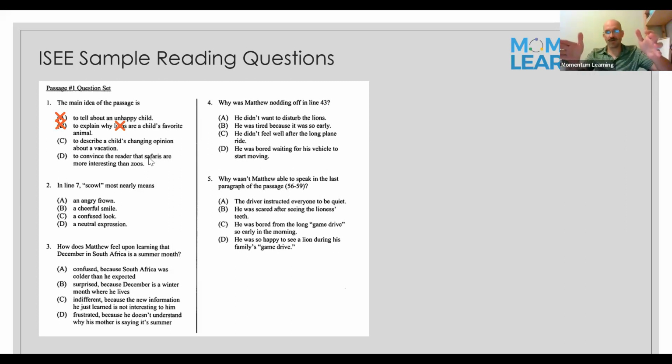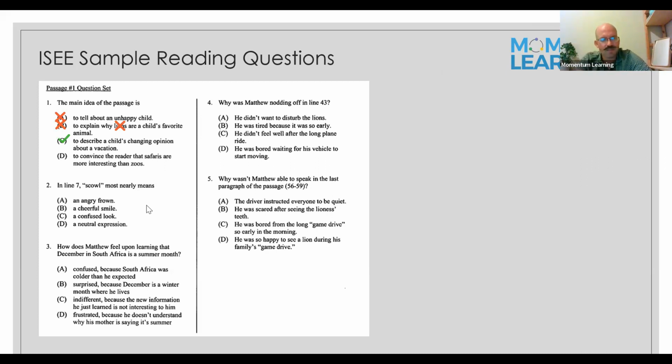You need to recycle, or you need to go on a safari because it helps the people of that area. All of those things would be persuasive, and this is not a persuasive paper. This is a description paper of a characteristic.